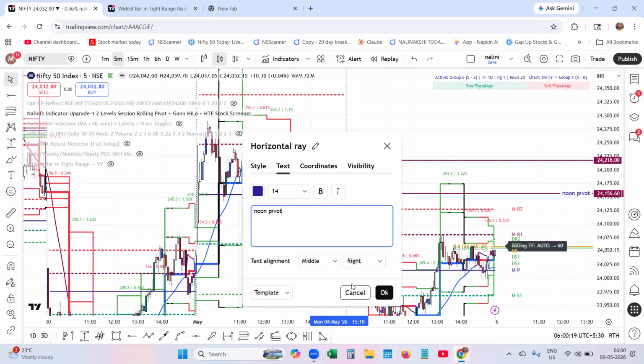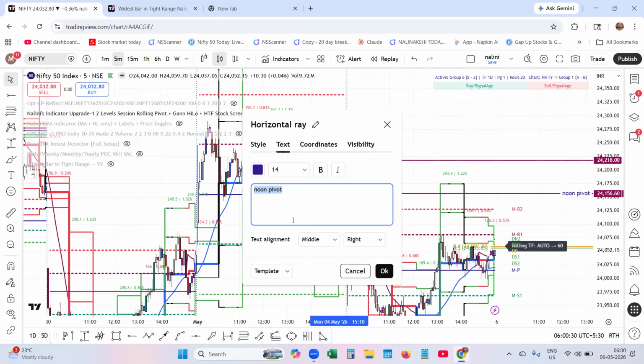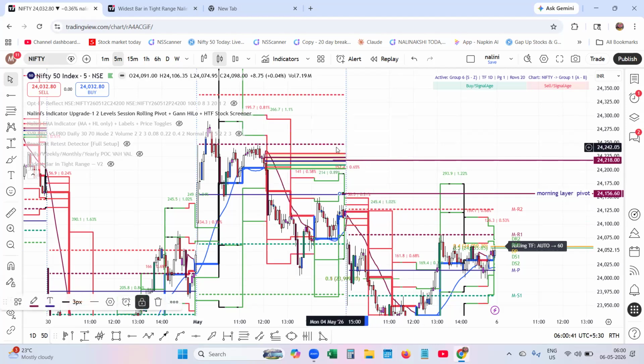Pivot. Okay. Let me lock it. Then, no, this is morning pivot. Sorry. Layer pivot, morning layer pivot, and this is noon pivot.